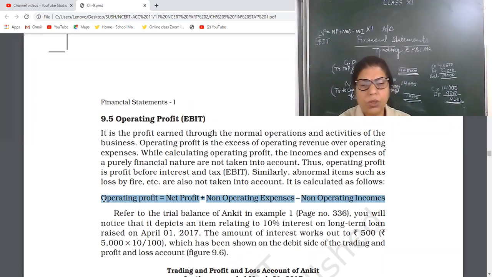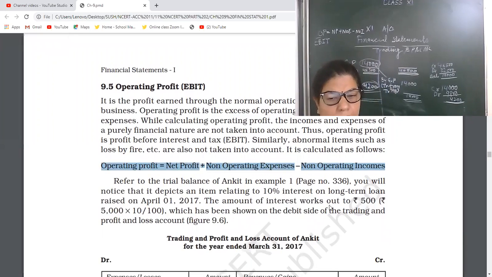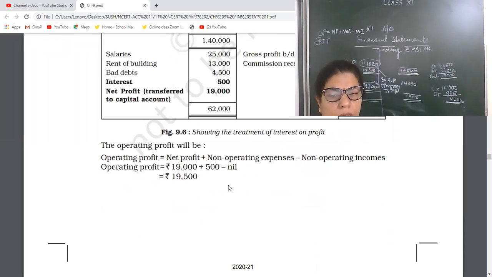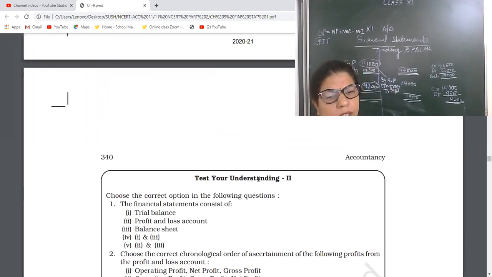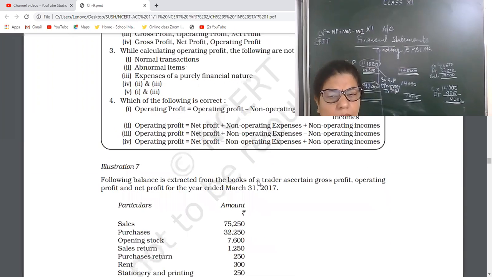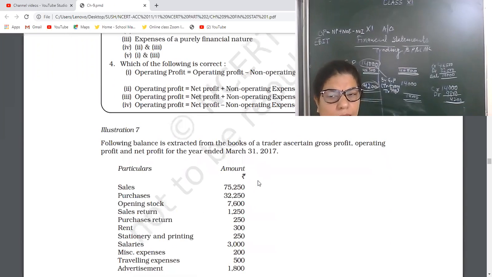So non-operating expenses and non-operating income. This is the formula, also known as EBIT, earning before interest and tax.